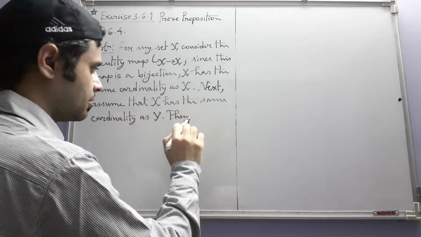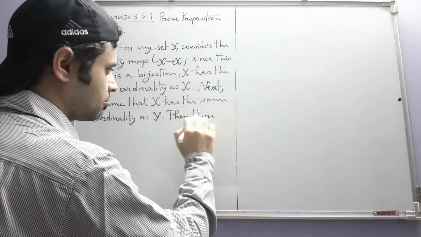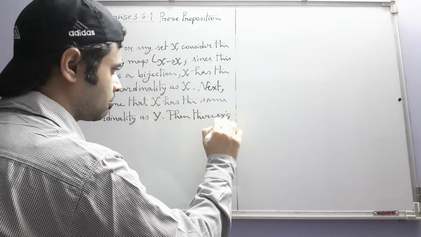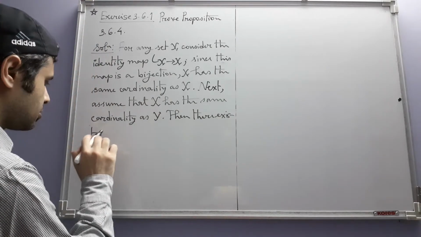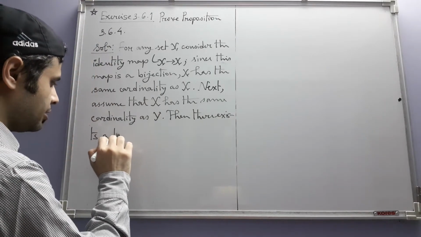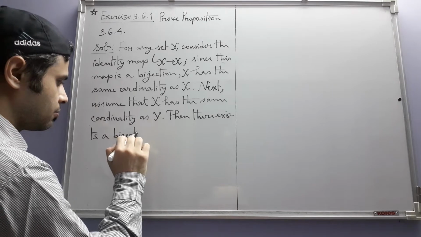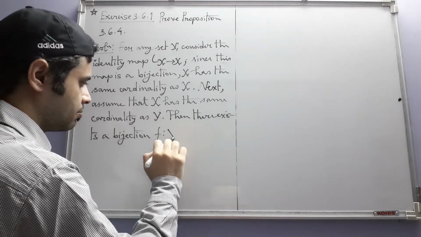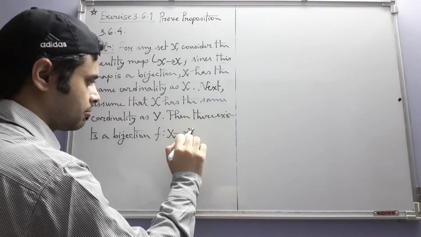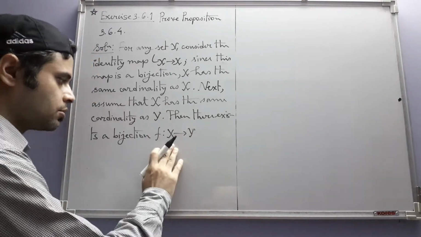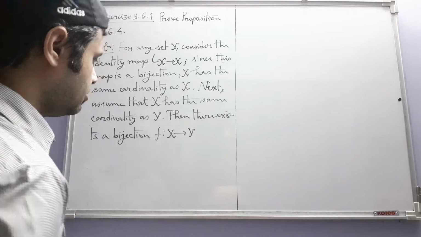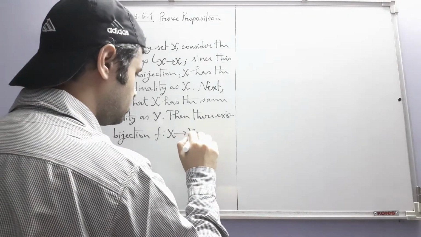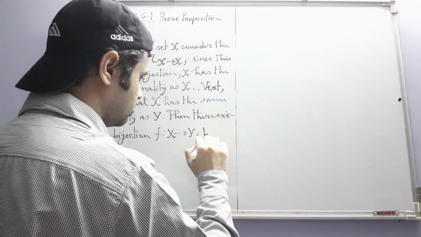Then by definition, there exists a bijection, say f from x to y, whose domain is x and range is y.